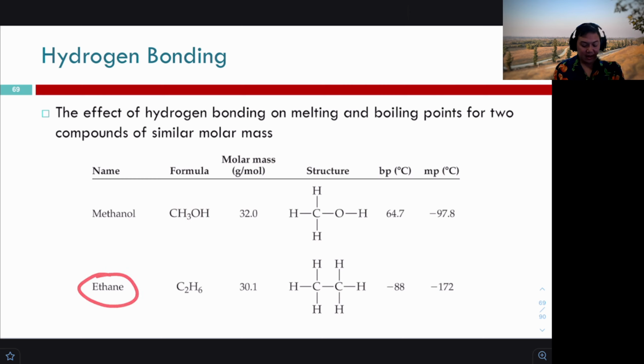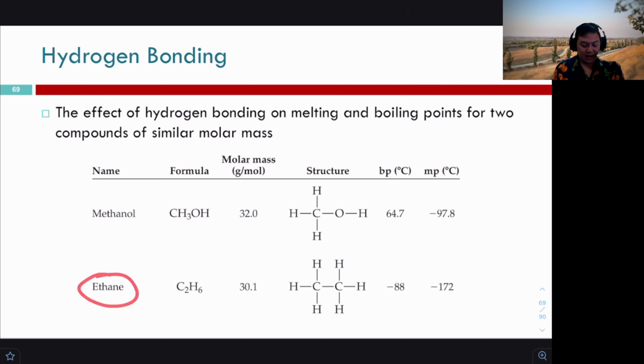So formaldehyde was negative 19.5 degrees C. Basically, think of the boiling point. It's a liquid below that temperature.